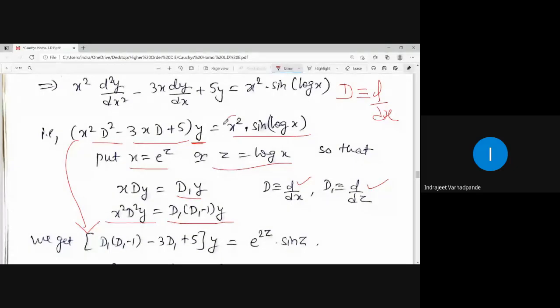What is the RHS? x square into sine of log x. x is e to the power z, so e to the power z whole square is e to the power 2z, and log x is z. So it becomes e to the power 2z into sine z. The RHS also has to be converted to the variable z from x with the proper substitution.